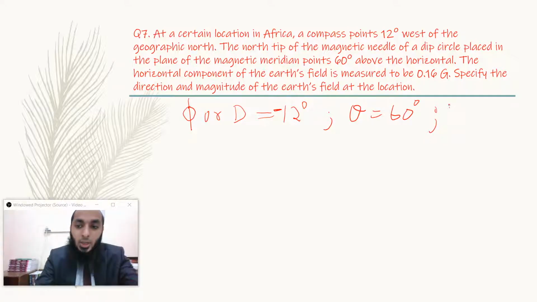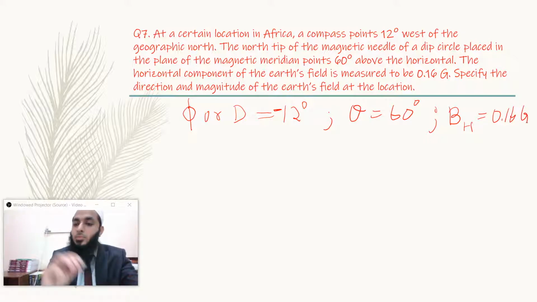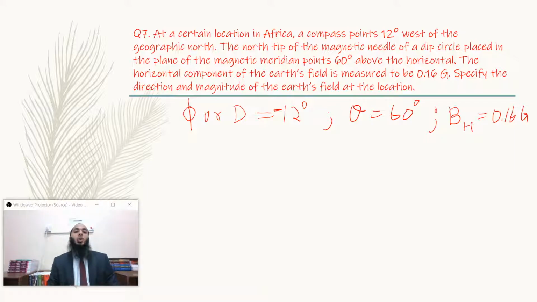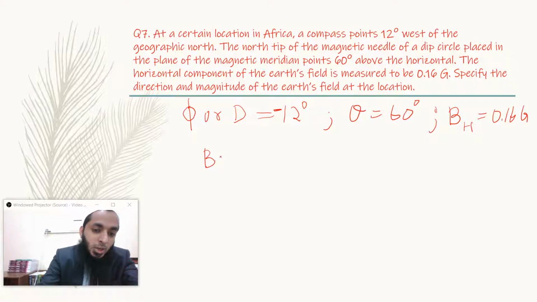So yes, we can write B with the suffix H is equal to 0.16 Gauss. Now specify the direction and magnitude of Earth's field at the location. So clearly we have to find the magnitude.